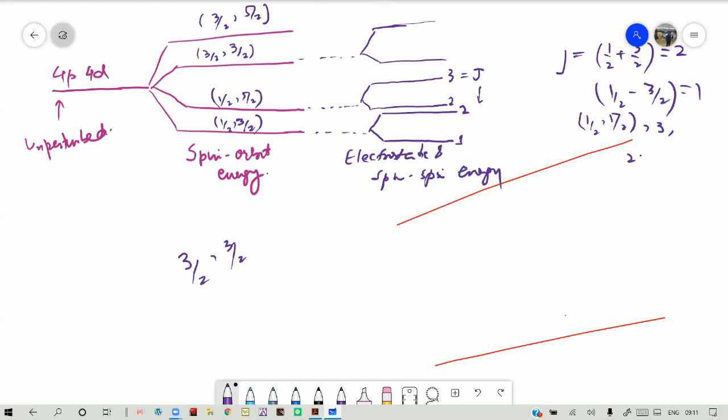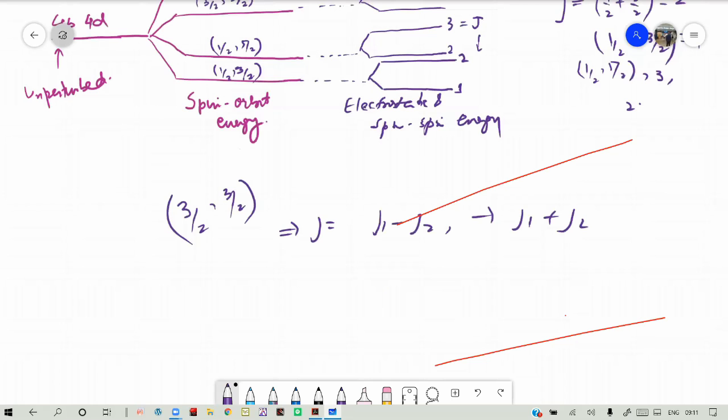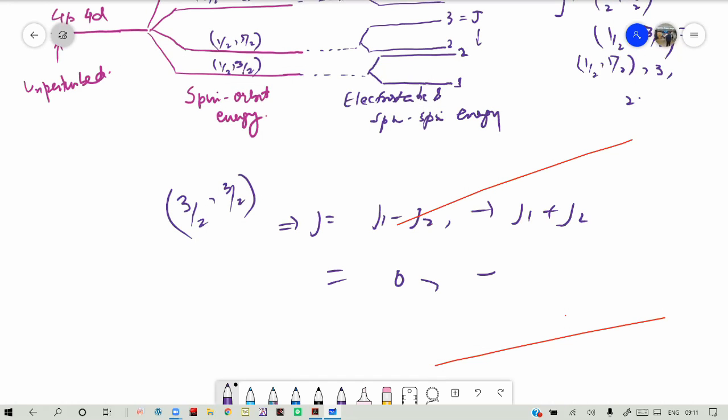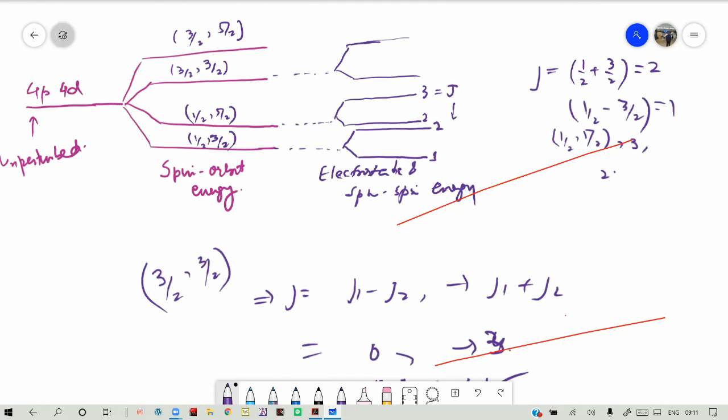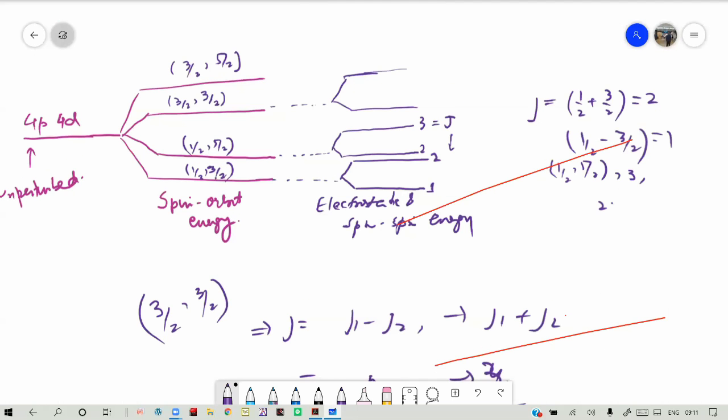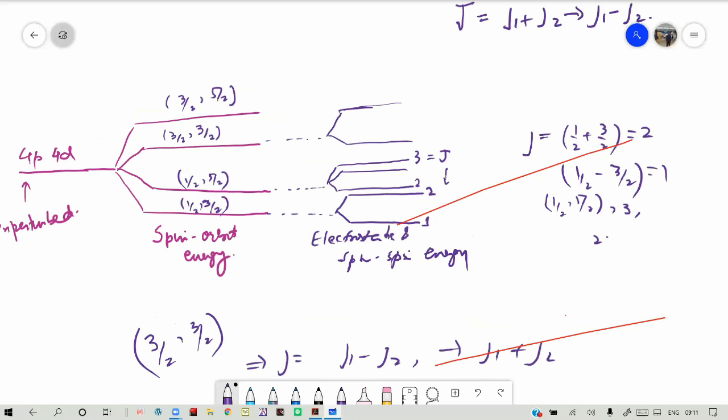So it gives J equal to J1 minus J2 to J1 plus J2. Okay, J1 minus J2 is 0, so 0 to 3, not 4. We have to take all possible combinations. So 0, 1, 2, and 3. So here we will have 4 lines, not 3, 4 lines. Oh, I did it wrong.